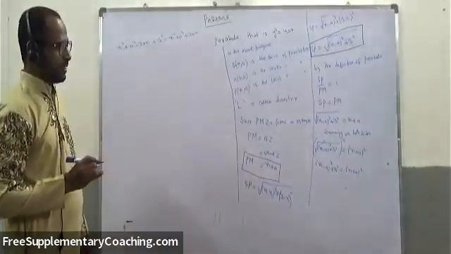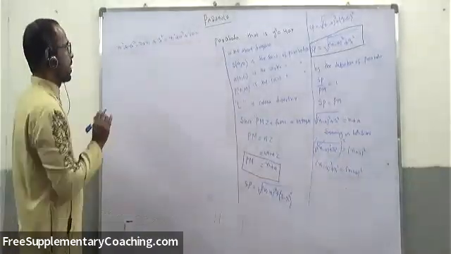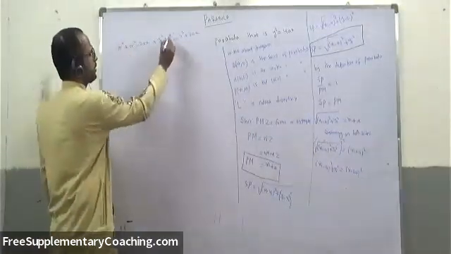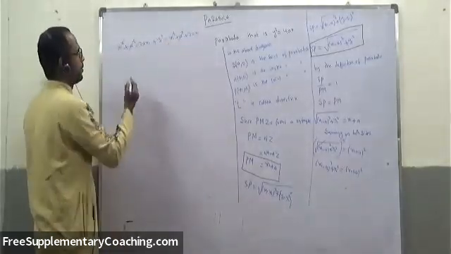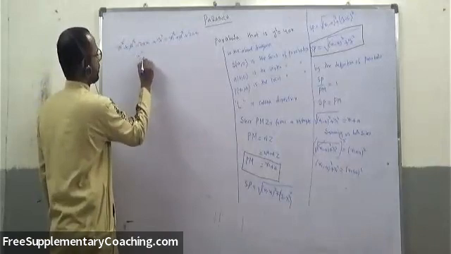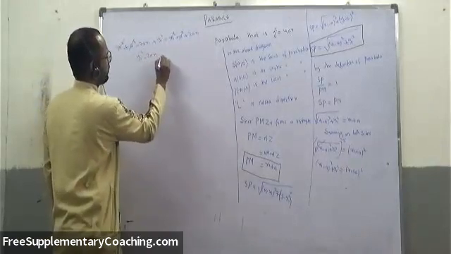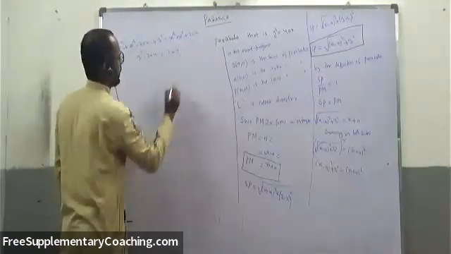So x1 square, a square get cancelled. What we are having? Y1 square minus 2a x1 is equal to 2a x1.